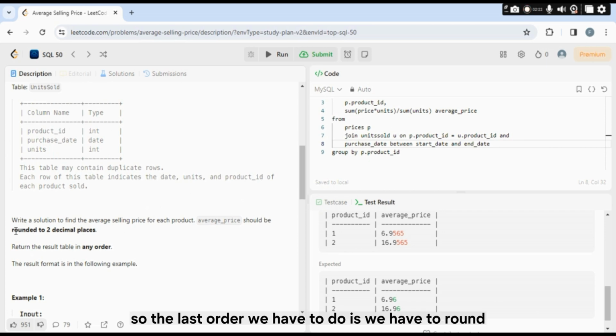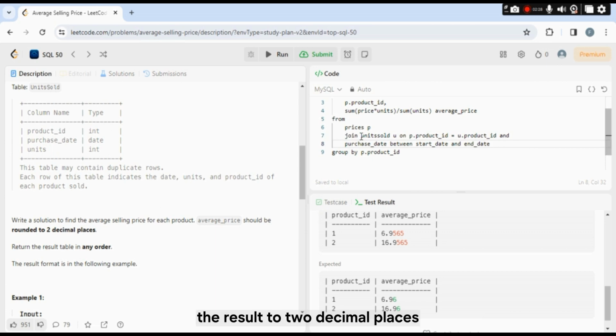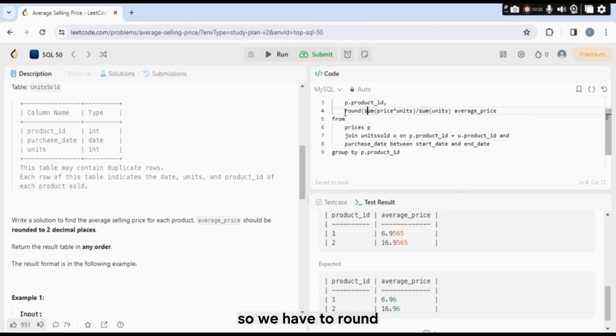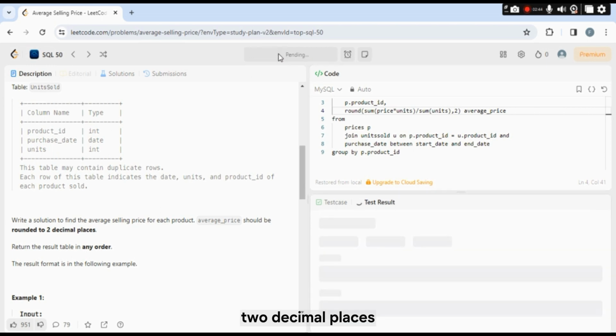So the last thing we have to do is round the result to two decimal places. So we have to round this into two decimal places.